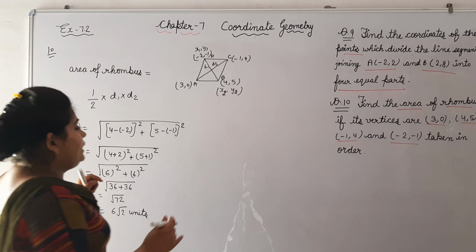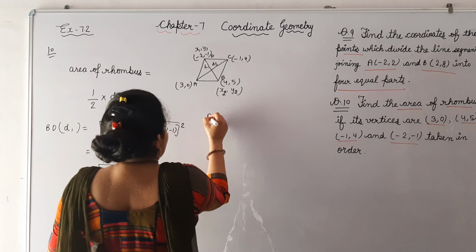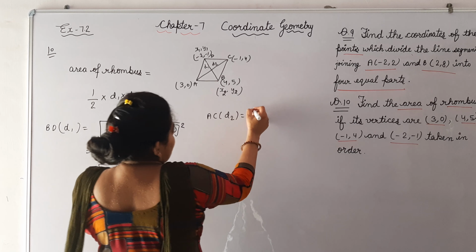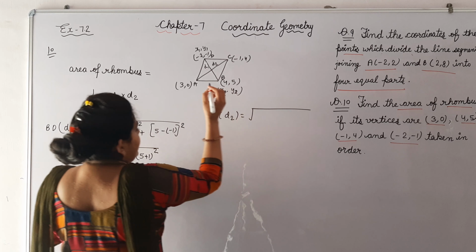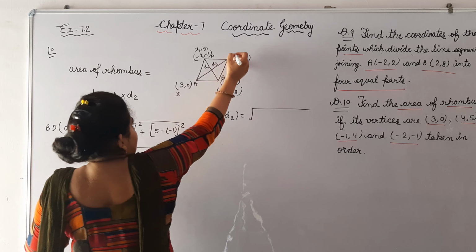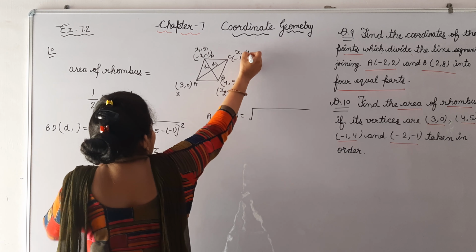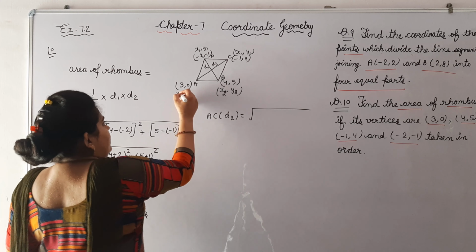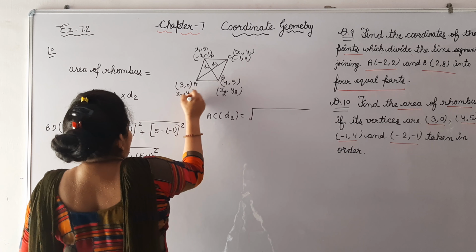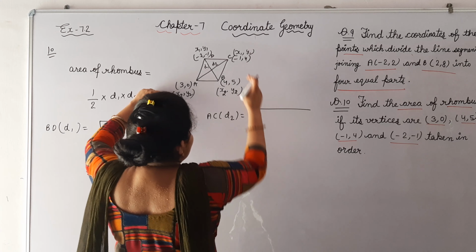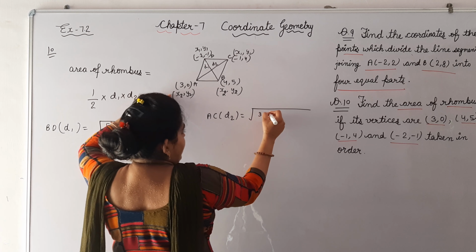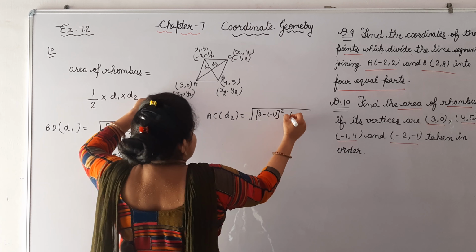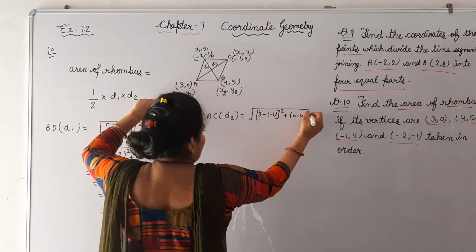Now we will find diagonal D2, AC. It is D2. Then D2 will be equal to, again we will use the distance formula. Let it be x1, y1 for AC and it be x2, y2. Then x2 minus x1, means 3 minus (-1) whole square plus 0 minus 4 whole square.